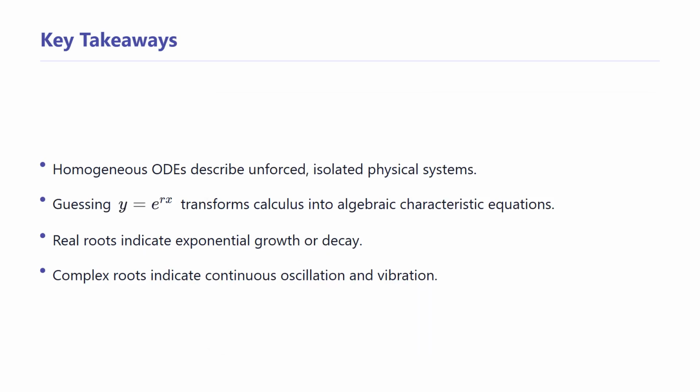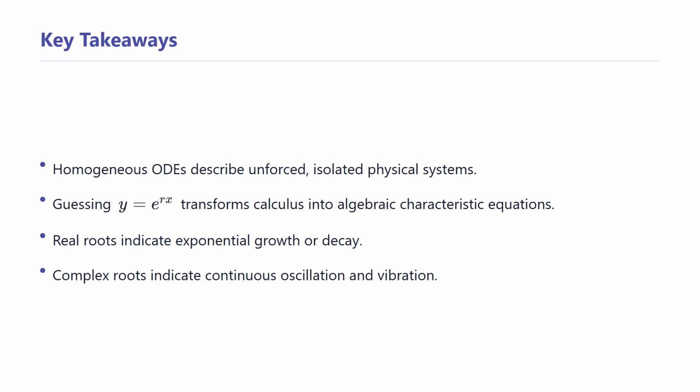We have covered a lot of ground today, so let us summarize the most important ideas. First, higher-order homogeneous equations are the mathematical engines for unforced physical systems. Second, by guessing an exponential solution, we transform difficult calculus into straightforward algebra using the characteristic equation.